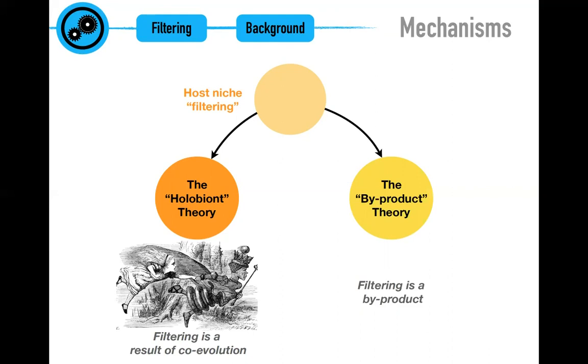That's the sort of filtering they're thinking about. In this case, it's much simpler. It's just that different guts of different animal species are physically and chemically different. And that might just filter out the microbes without necessarily being for the purpose of filtering the microbes. It might be just a byproduct of something else.